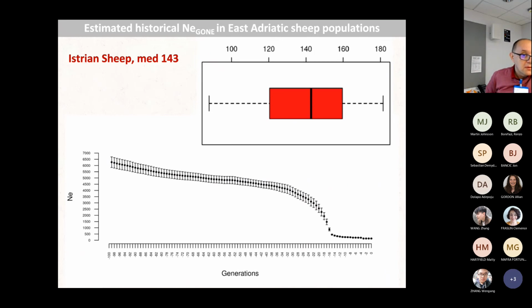Okay. So for example for this Kladruber, what I would recommend people to do now, let's say now and before 2 years or 1 year, I would first use GONE, and then I would see what shape of demographic history it is suggesting, and then I would try to estimate inbreeding, let's say with the pedigree, but avoiding those periods when the population was big. I would restrict my pedigree, or I would also release my pedigree.